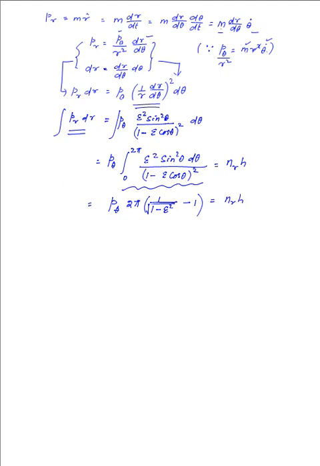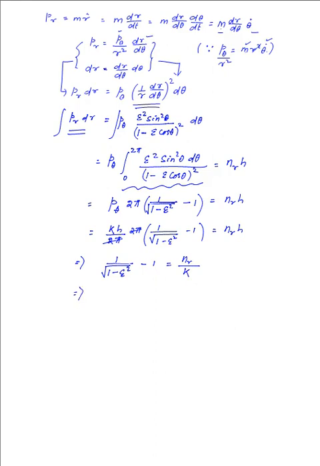So now we have some value with us, but we know p theta is equal to kh by 2 pi, so we can put that over here, and the 2 pi's will get cancelled out. What we are left with is 1 by square root of 1 minus e squared, minus 1, is equal to nr by h times h. So we have done away with the p theta part. So what we end up with is that 1 by square root of 1 minus e squared, minus 1, is going to give us nr divided by k, that is the ratio of both those quantum numbers.